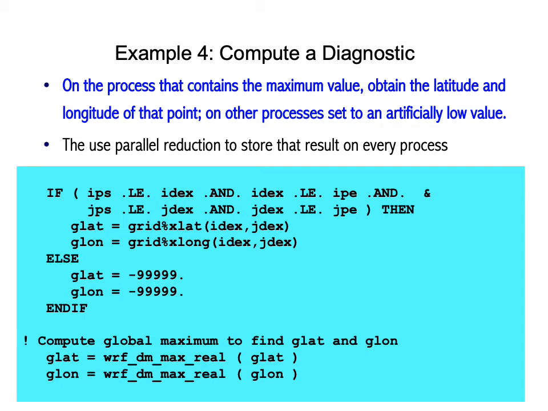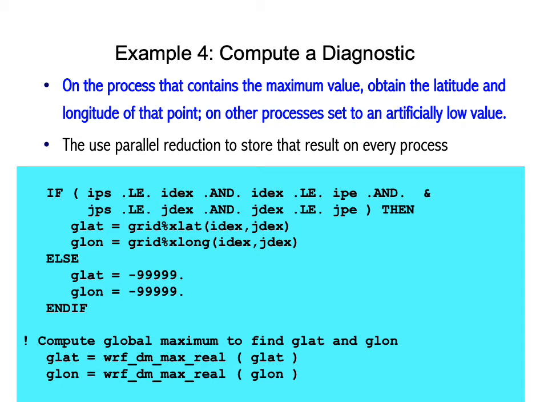If we simply wanted the I and J index value of the maximum wind speed, we would be complete. However, we've asked for the latitude and longitude, so it's going to be one more set of usage of internal WRF functions. So this if test at the beginning is the logic that is used to determine which process actually owns that I and J index of the returned maximum value.